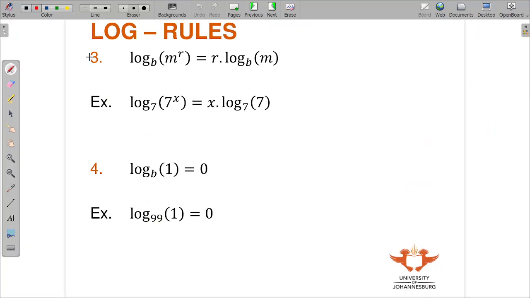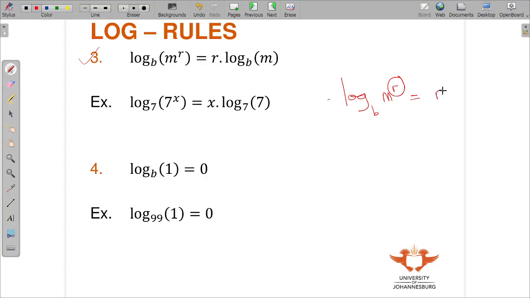Now, rule number 3 says when we have log of m to base b, and that m is an exponent, we can bring down this exponent, but when you bring it down, it must be at the front of the log.